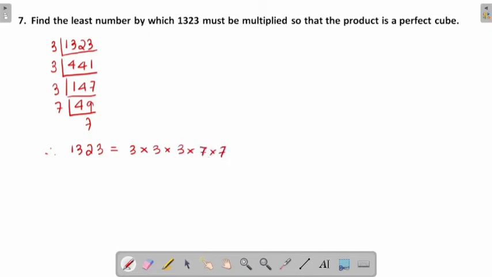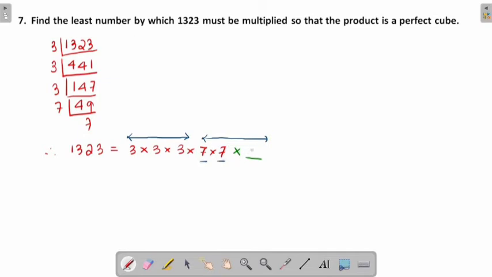Now the question says you have to multiply this entire number by one more number so that the result becomes a perfect cube. I told you, in order to have a perfect cube you must have triplets. Do we have triplets here? Let's check. We have a triplet of 3 here, but for 7 we have just a doublet, only 7 and 7.